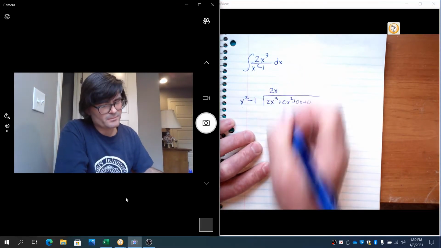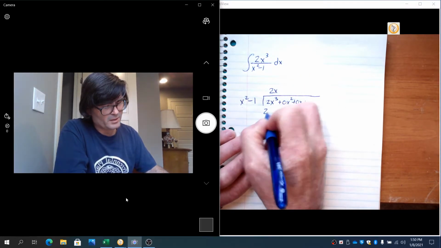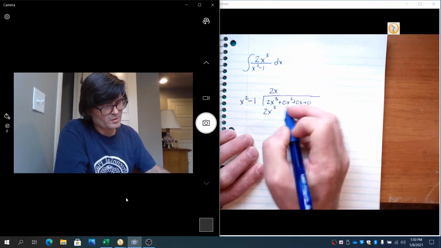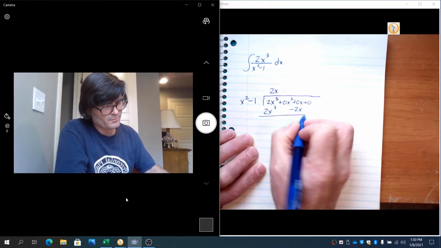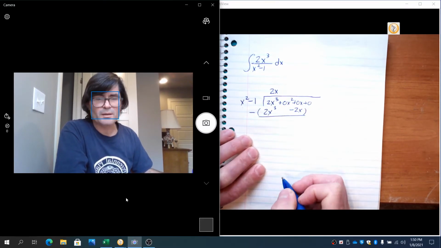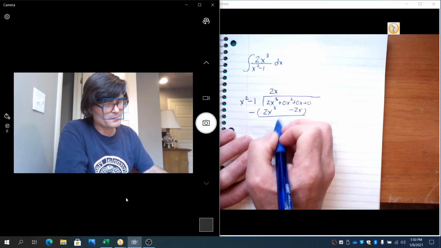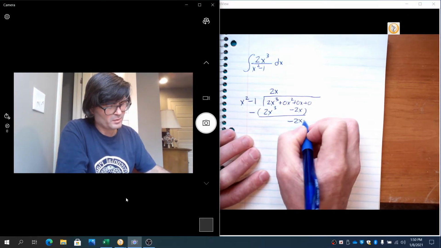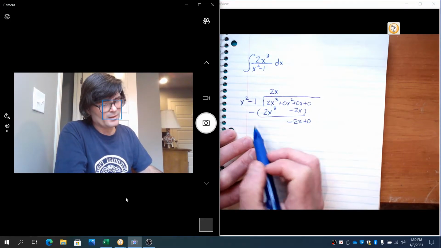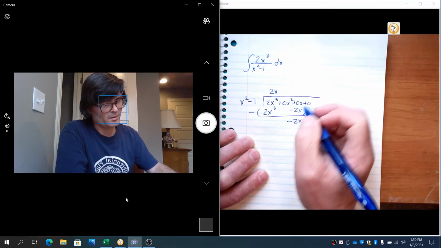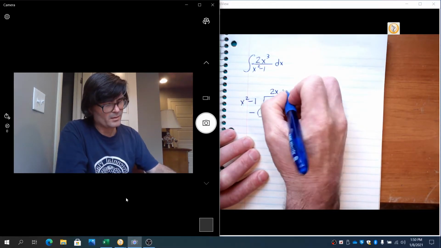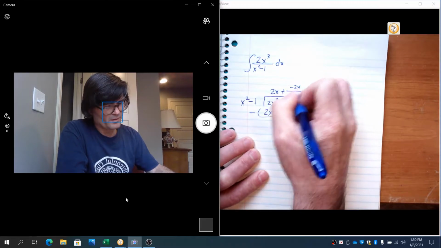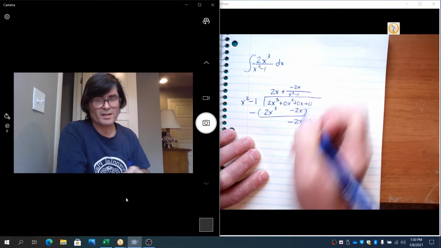Well, 2x. 2x times x squared is 2x cubed. 2x times minus 1 is minus 2x. Subtract, just like we always do. 0, 0, minus 2x plus 0. Can x squared go into 2x? No, it cannot. So we're going to have a remainder of minus 2x over x squared minus 1.